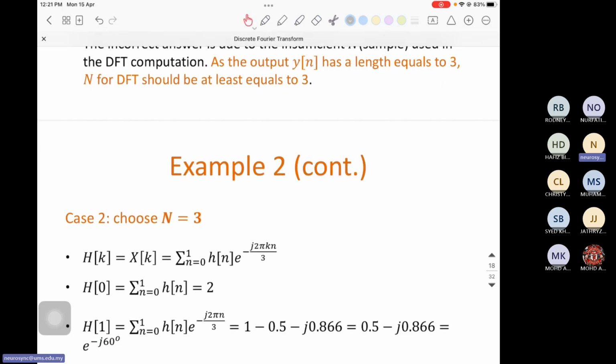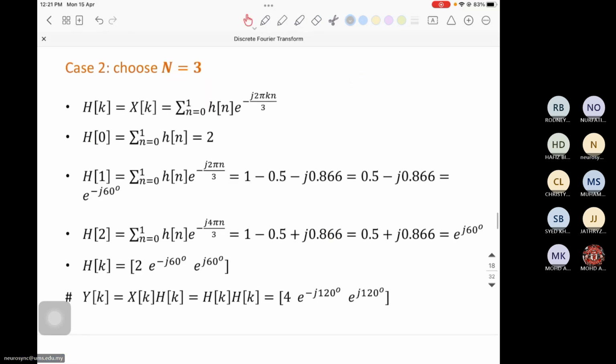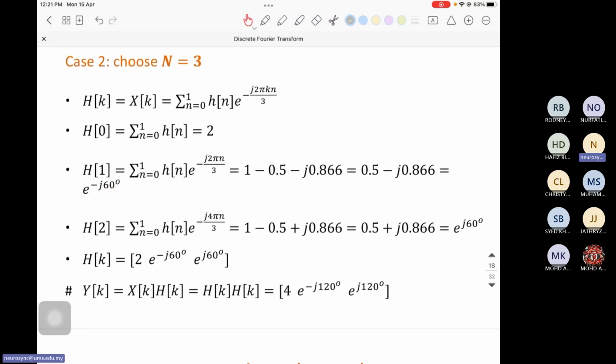Okay. Now, the same example, if you choose sample size 3, and if you do the calculation here with n equal to 3, you can see h of 0 you will get 2, h of 1 you will get e to the power minus j60, h of 2 you will get e to the power plus j60.